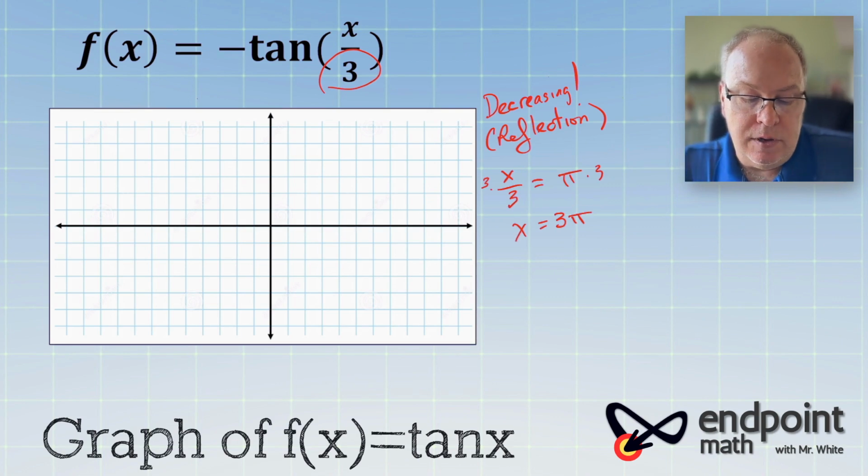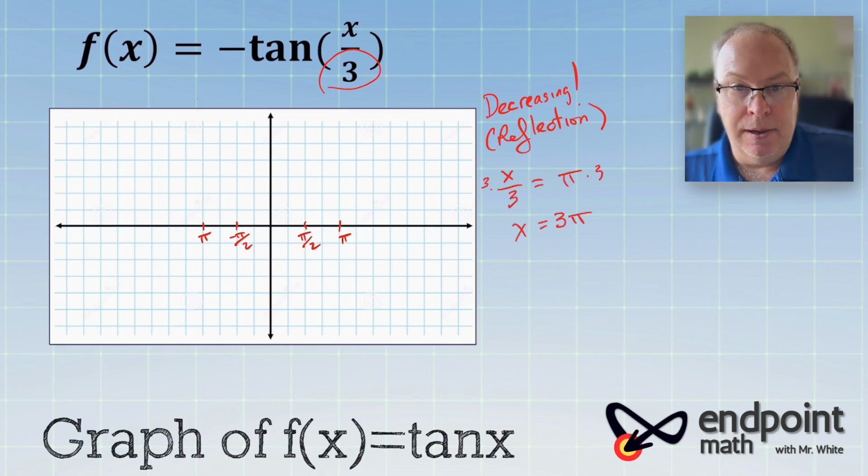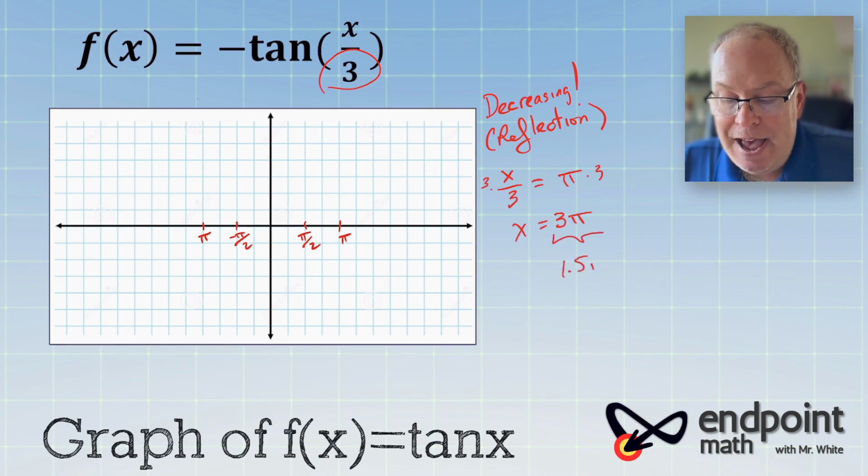So we're going to have to go. So if this is pi here, this would be half of a pi, right? Here's negative 1/2. So I'm setting this up just like the first graph as far as how I'm labeling my x-axis. But wait, if I split this in half, that's 1.5 pi.